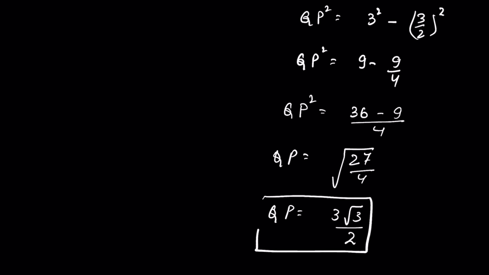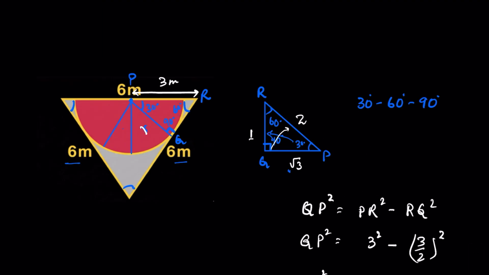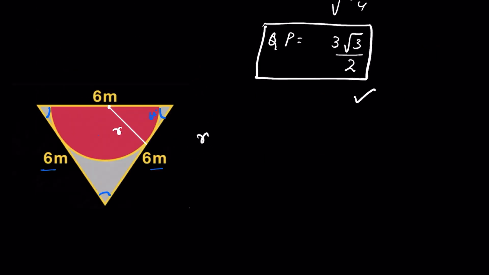So QP, that means the radius, is 3 times square root of 3 upon 2.